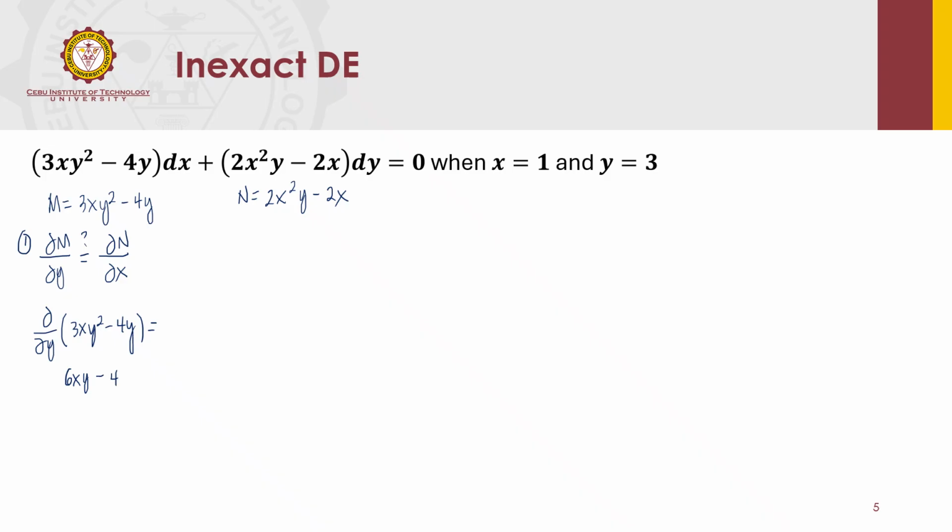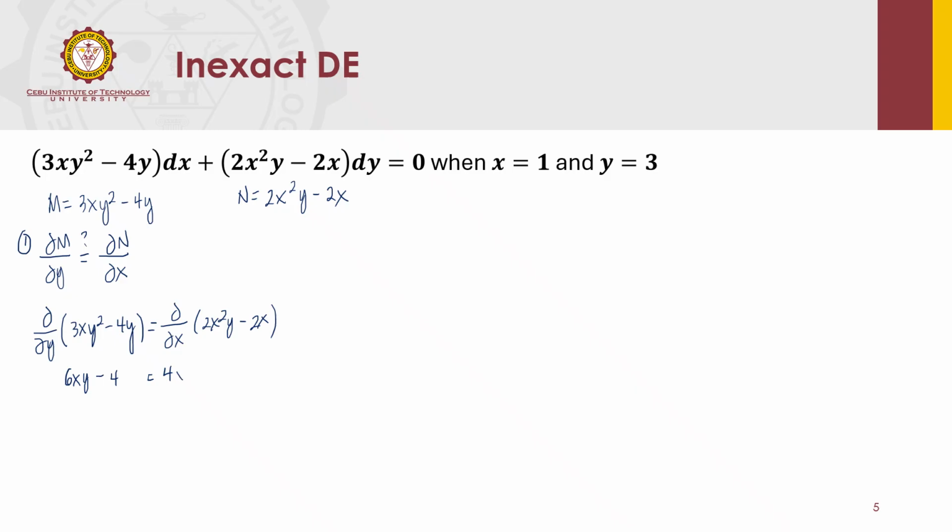For the right side of the equation, we are going to partially differentiate N, which is 2x squared y minus 2x, with respect to x, so y is the constant. For 2x squared y, the derivative of x squared is 2x, multiplied by 2y, the constant, so that's 4xy.